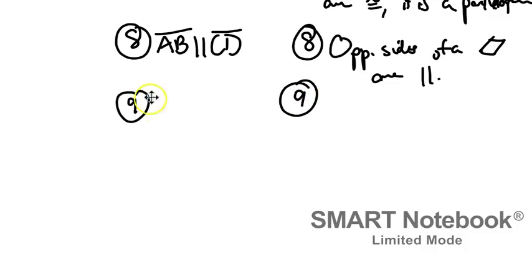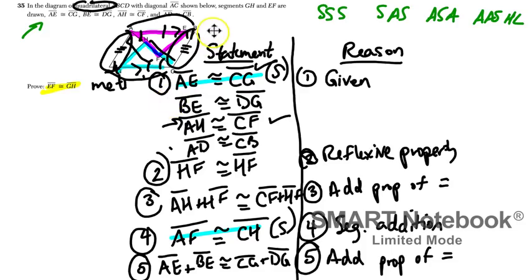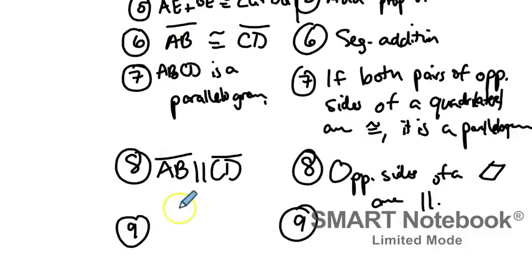Since those are parallel, that makes angle BAC congruent to angle DCA.